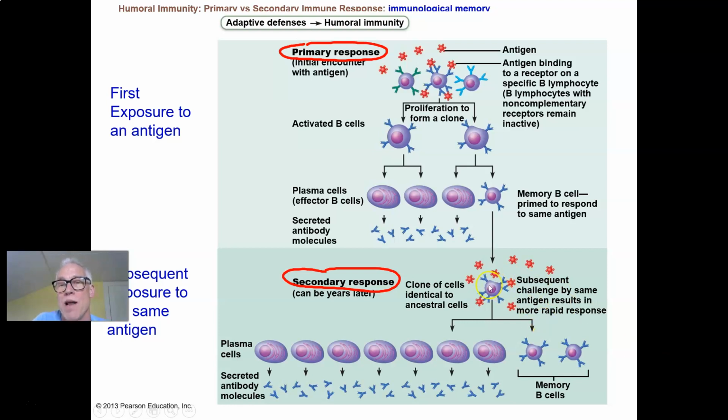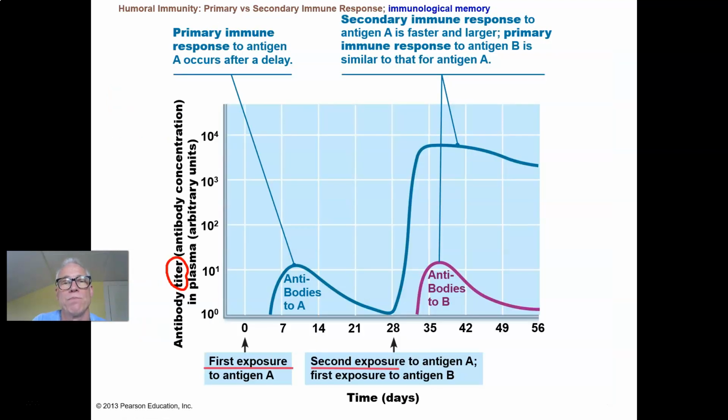And it comes back into the body again, and the memory cells bind with their surface receptors, their B cell receptors, to this antigen, and bam, within just hours or a day, they produce a giant clone, a much bigger clone than before, differentiate into a huge population of plasma cells that can make an enormous amount of antibodies. So everything happens bigger, faster, and we're just not going to let that antigen have a chance to infect our body this time. And even more memory cells are now produced. So we're turning into a super responder to a particular agent, particular antigen.